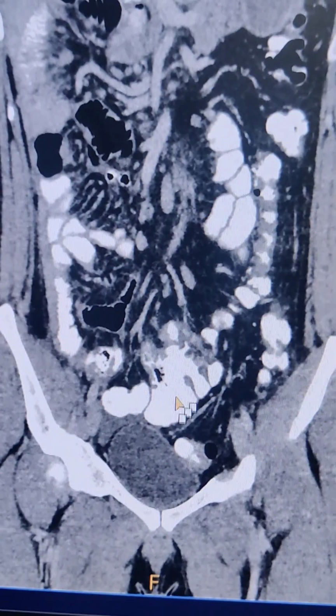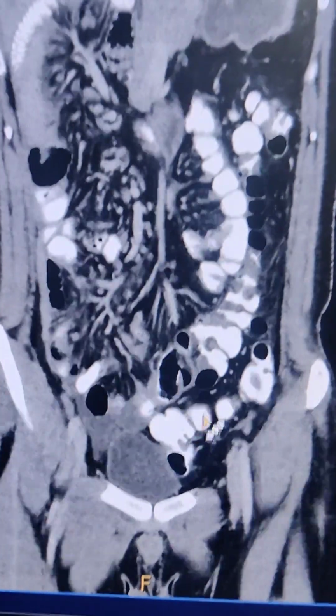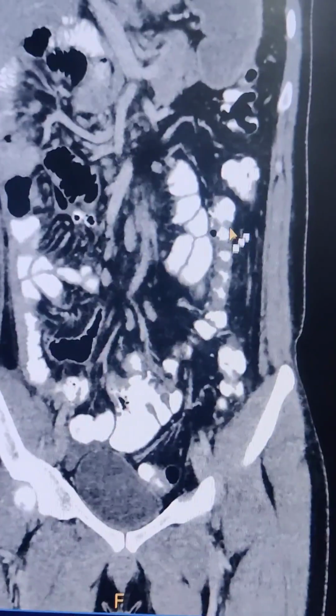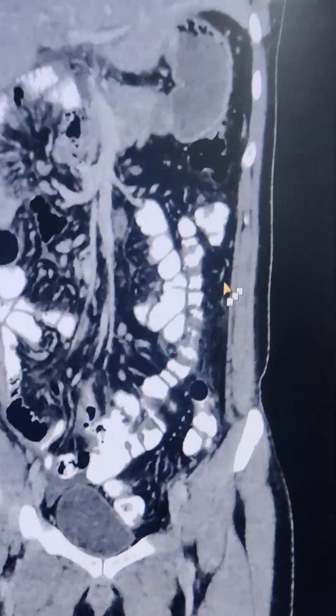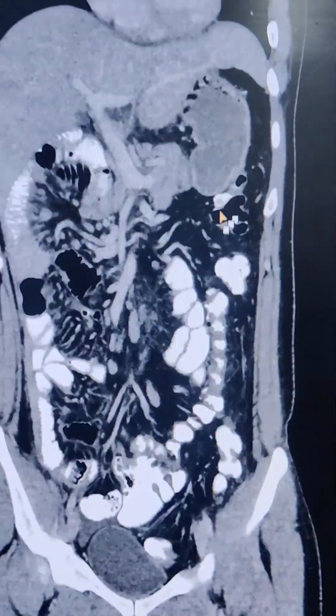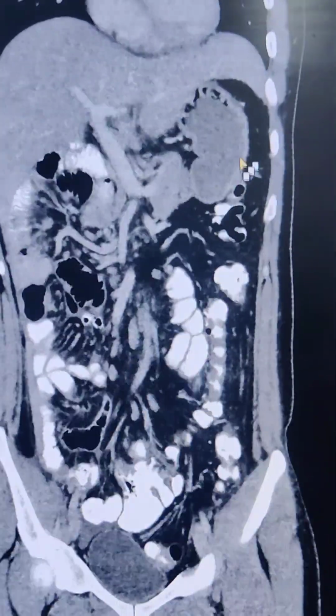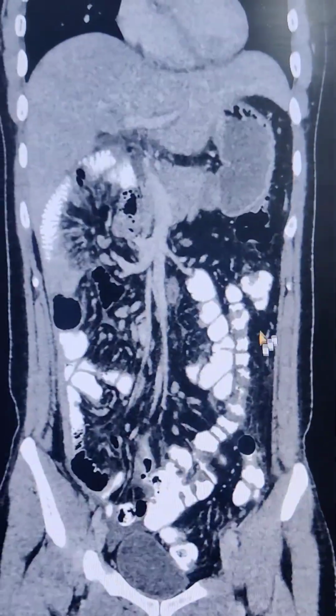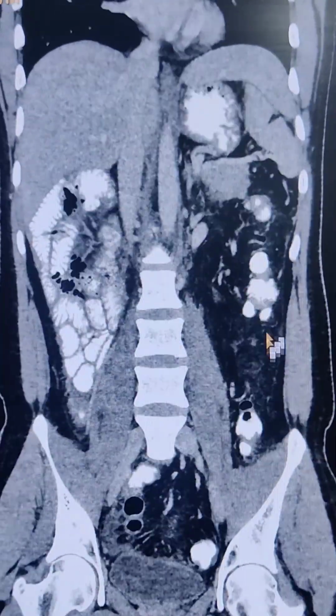This is the cecum, this is the IC junction, this is the ascending colon, and then it is not going anywhere to the right. The splenic flexure is here, and then the descending colon is here.